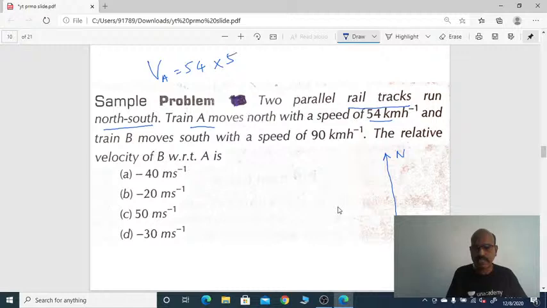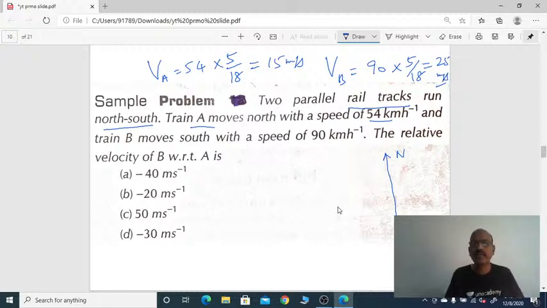Convert into meters per second by multiplying by 5 by 18, you get 15 meters per second. Similarly, the velocity of train B is 90 km per hour; multiplied by 5 by 18, you get 25 meters per second. Now we know both in meters per second.